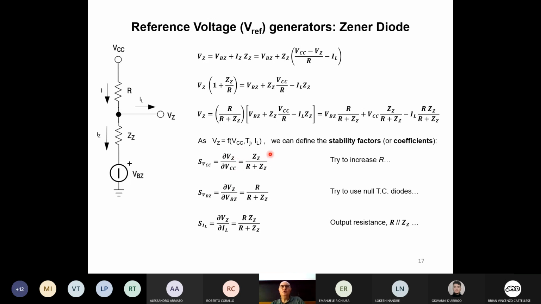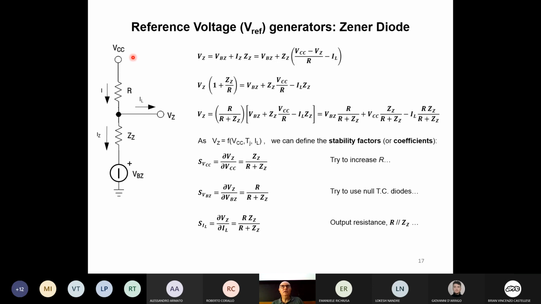So for instance, if I want to know what is the variation of the output voltage when I change the VCC, why am I interested in this? Because as I told you, the VCC is not a perfect constant voltage, but maybe a voltage with some ripple.